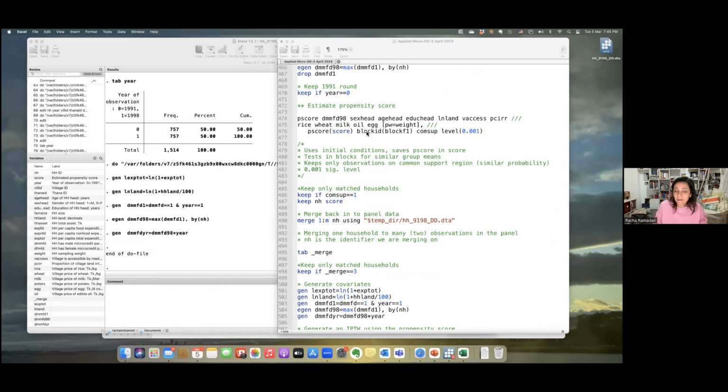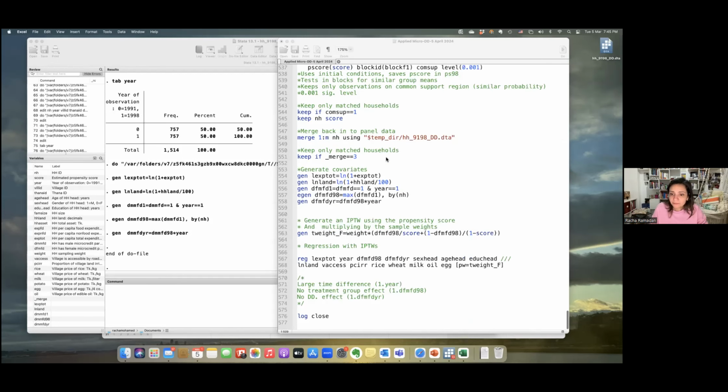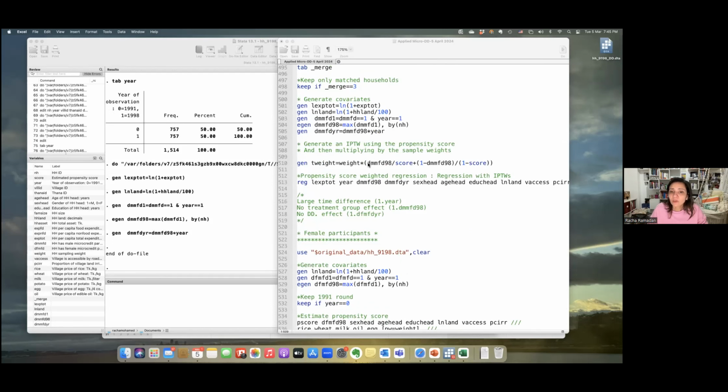So now I have in the base year the probability of being selected into the program, given the characteristics of the individuals before the intervention or before the program. I calculate this probability and I will use it, as we saw last time, to calculate the weight.